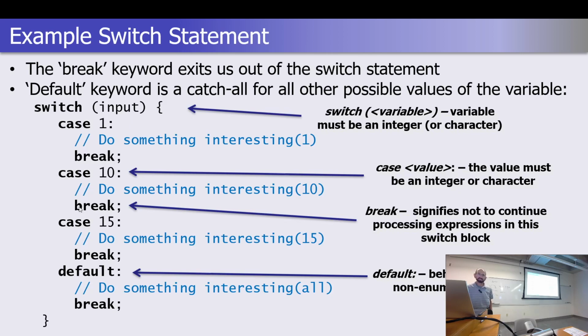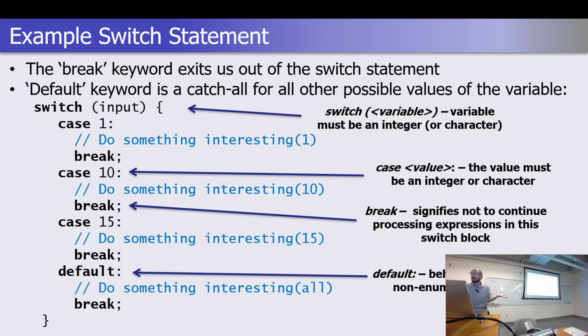That code is not necessarily wrong. It's a smell that maybe that's a bug you have, but it's not necessarily a bug. All that would then mean is, let's say the value of input was 10. You would do both something interesting for when the value is 10, as well as something interesting for when the value is 15. If there was no break statement here, it would just continue.